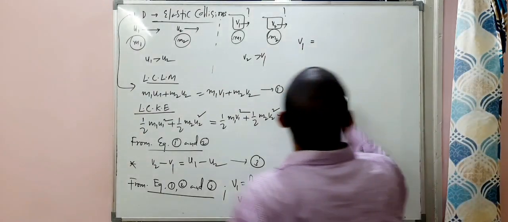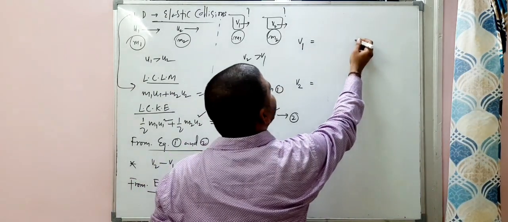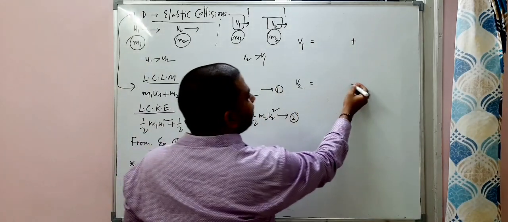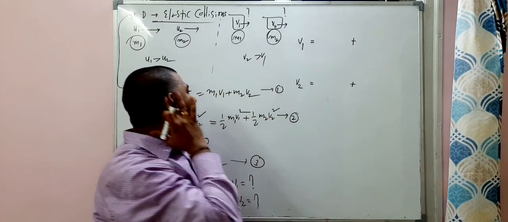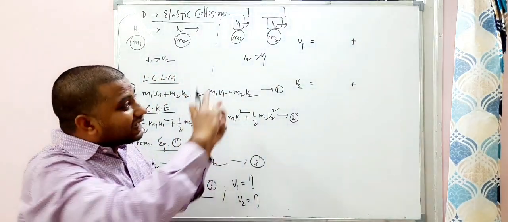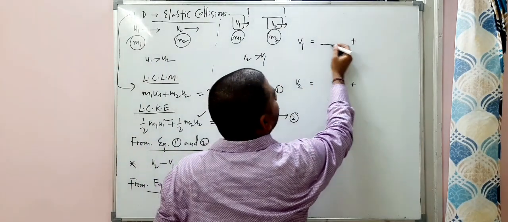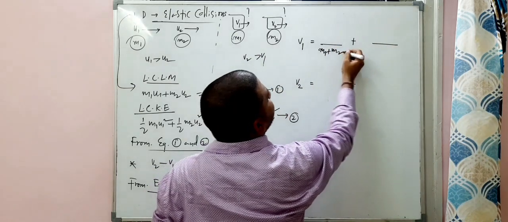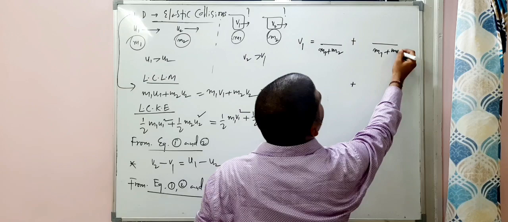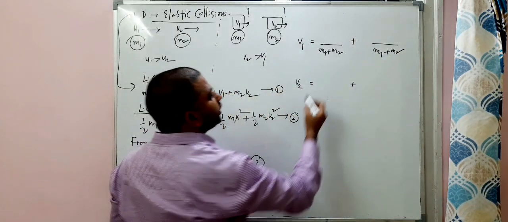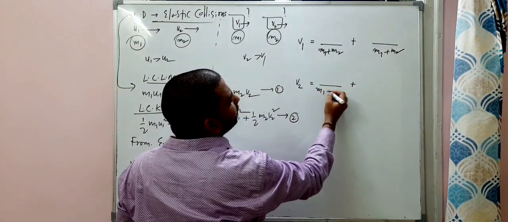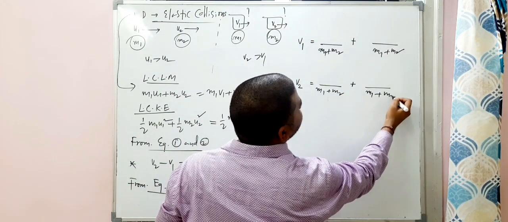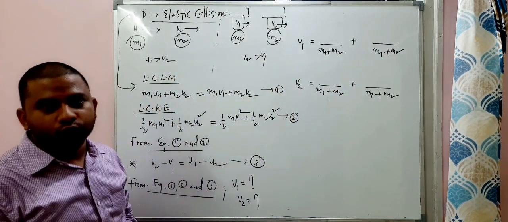In the V1 equation there are two terms, and the V2 equation also has two terms. In both, the denominators are the same: m1 plus m2.